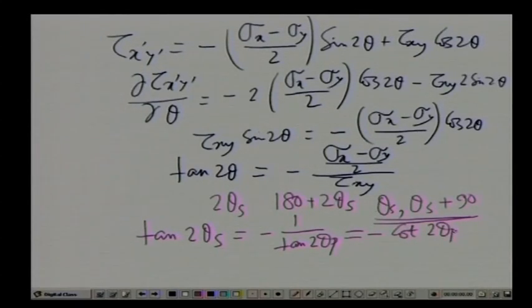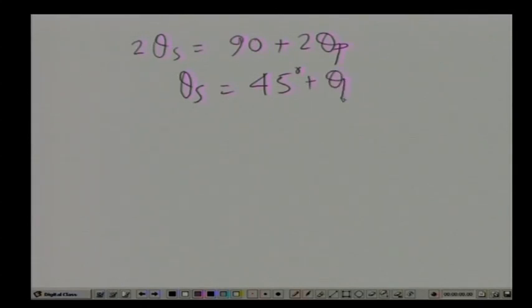twice theta p, which we can write as tan (90 plus 2 theta p). So, this indicates that 2 theta s is equals to 90 plus 2 theta p, or theta s is equals to 45 degree plus theta p.